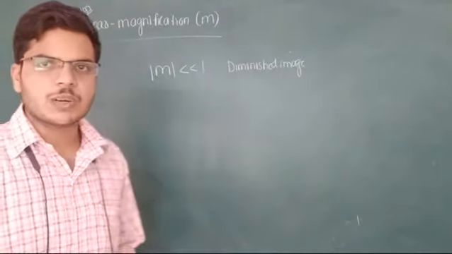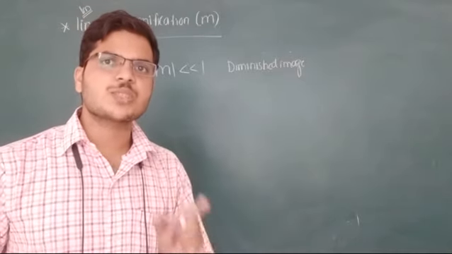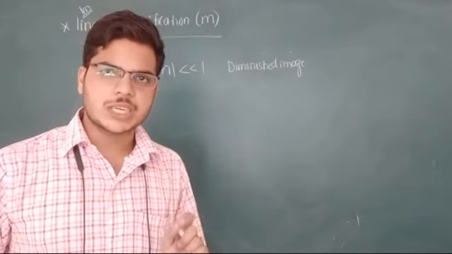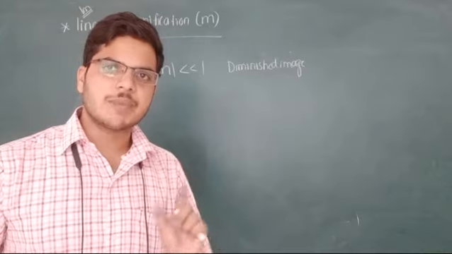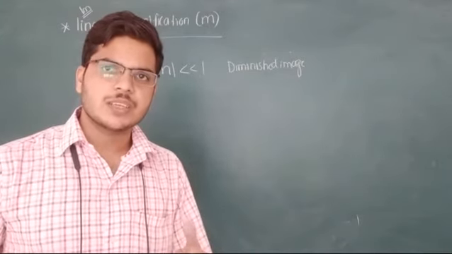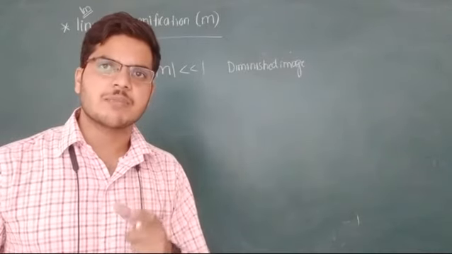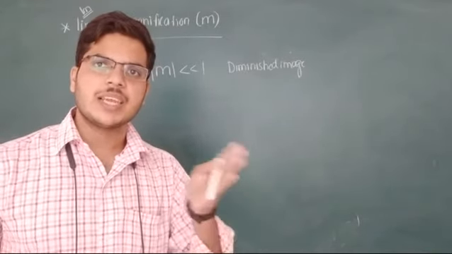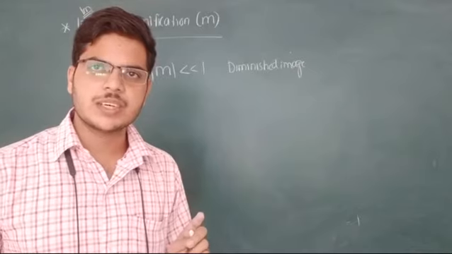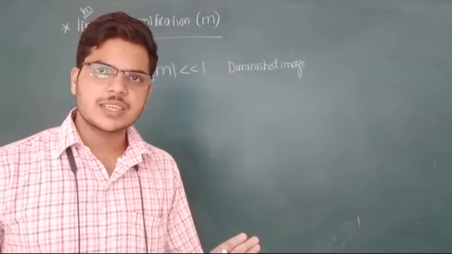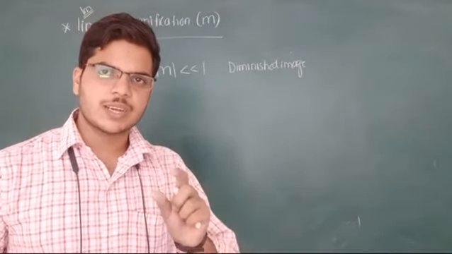Diminished image means the size of the image is smaller compared to the object. If linear magnification is 0.5 and the object height is 10 meter, then the image height is 5 meter. This is 0.5 times the object. Is it clear? If it is less than 1, it is a diminished image, smaller than the object.